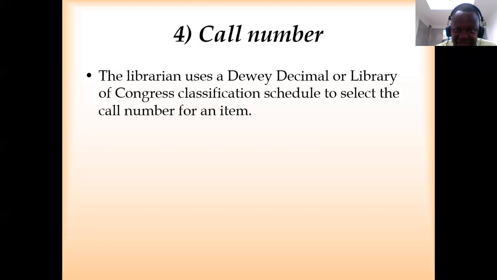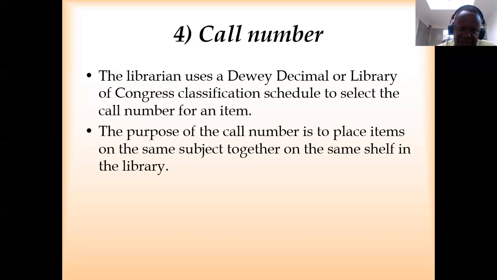There is UDC, which I wonder whether you are using it. We also have the Cutter tables, all that you'll find in classification. So the librarian uses the DDC and other classification schemes to select the call number for an item.